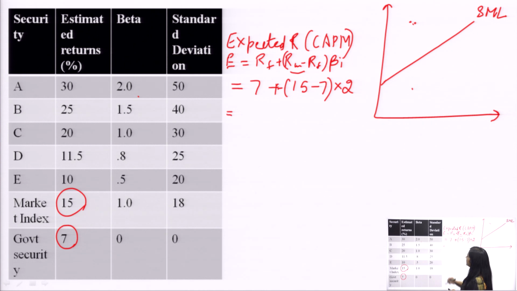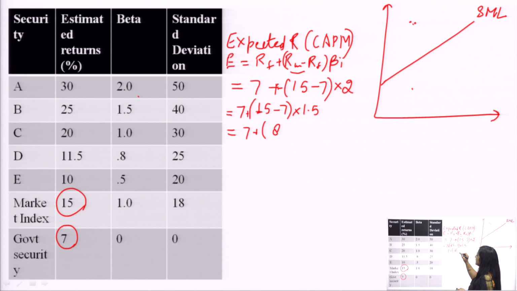Similarly, for security B, what will we do? We will use the same thing, 7 plus 15 minus 7 into what is the value of beta? It is 1.5. Similarly, it is 7 plus, I am writing here 8 because every time I would be writing the same thing.